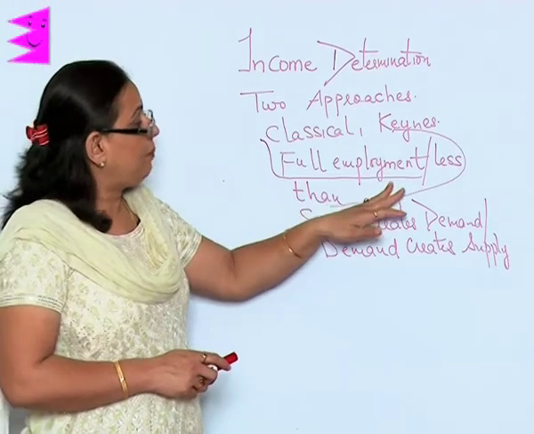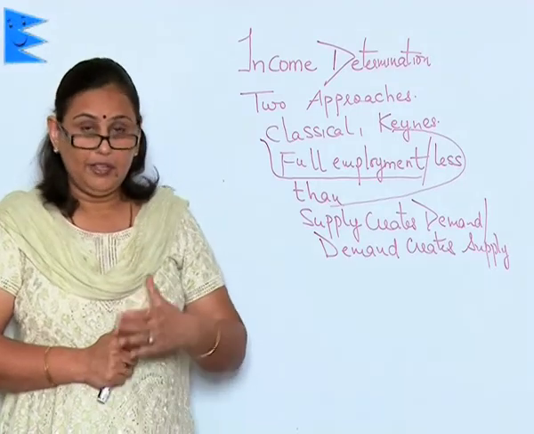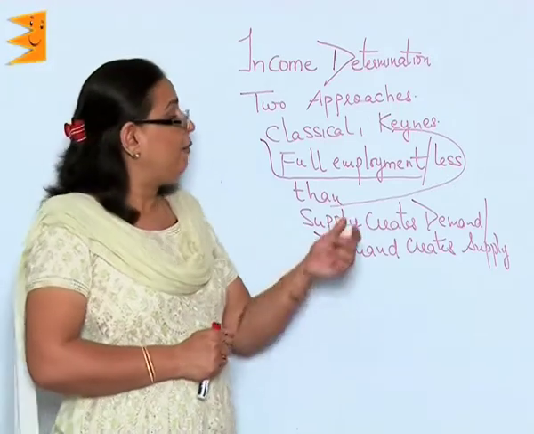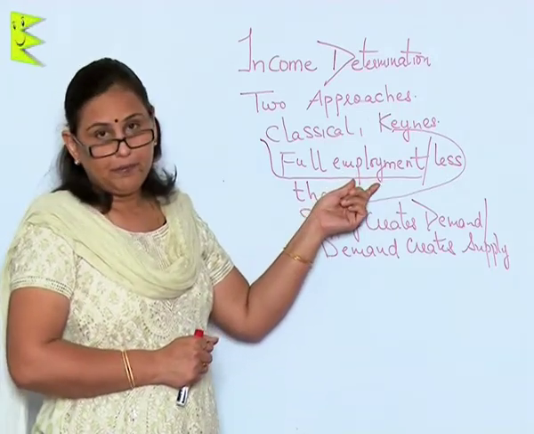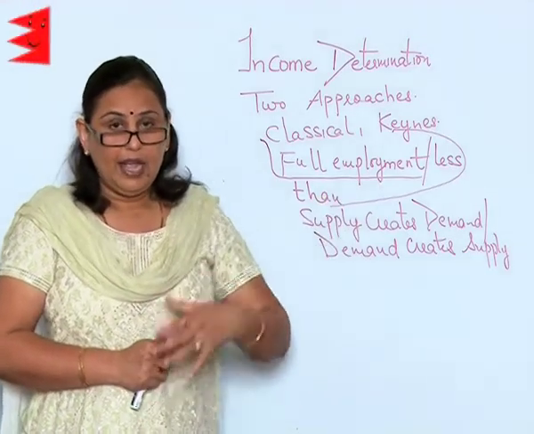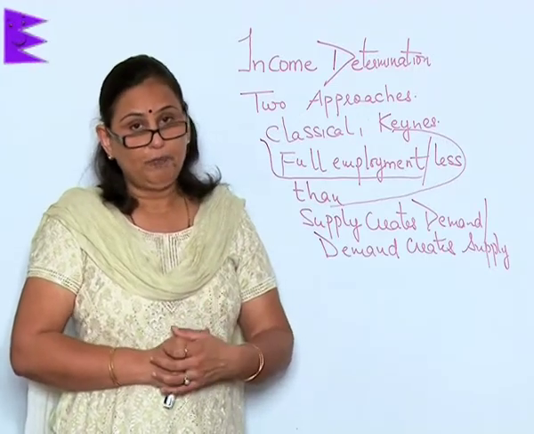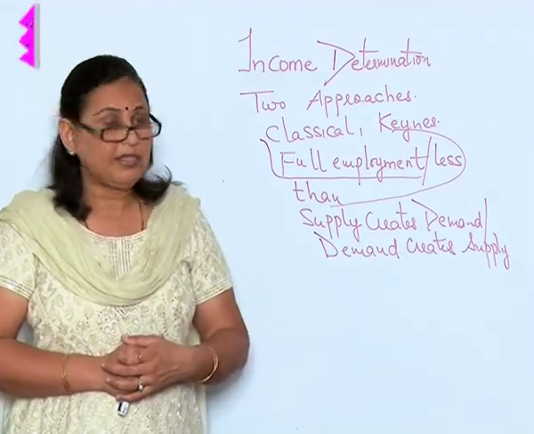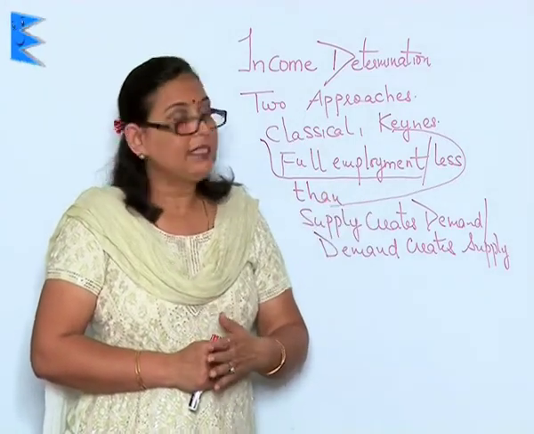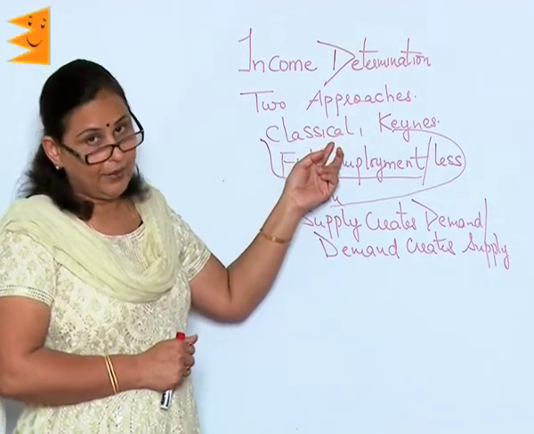He put forward the point that during the Great Depression, USA and UK and other such big industrialized countries had what we say full employment, but still they could not come out of the Great Depression and there was a lot of unemployment, there was economic depression and other such vices which are harmful for the economy. Which means that Keynes had an upper hand over the classical theory.